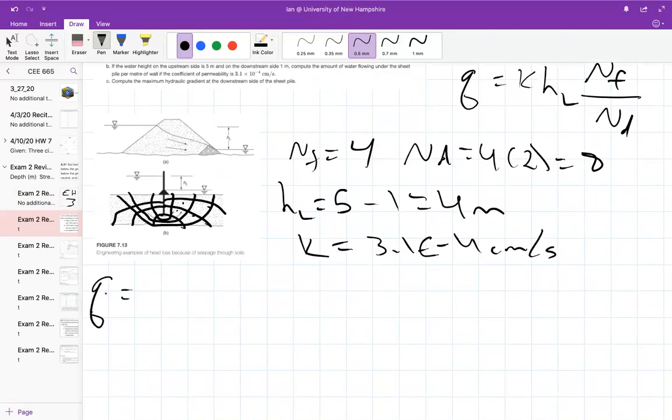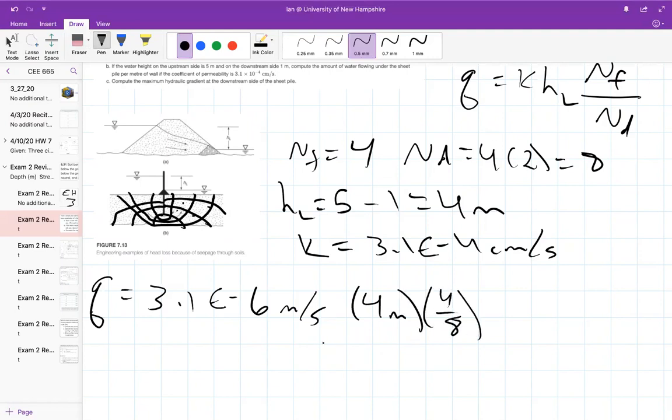So we're going to say, all right, Q equals 3.1 e to the negative fourth centimeters per second, but we want this in meters per second. Doing just a quick unit conversion, we should get e to the negative 6 meters per second, and then times 4 meters times 4/8, or 1/2.